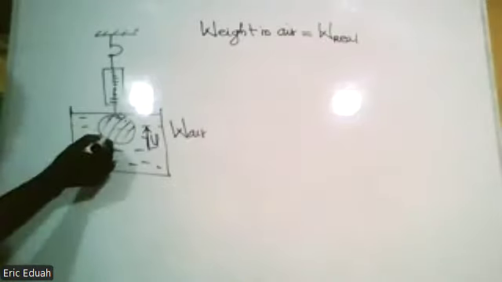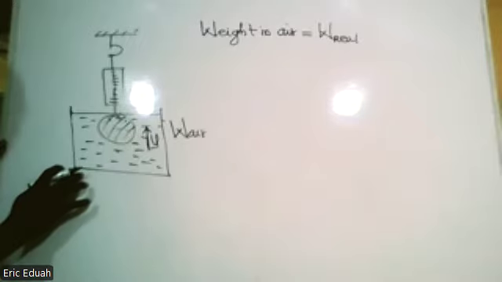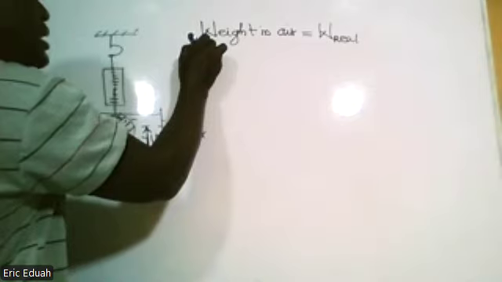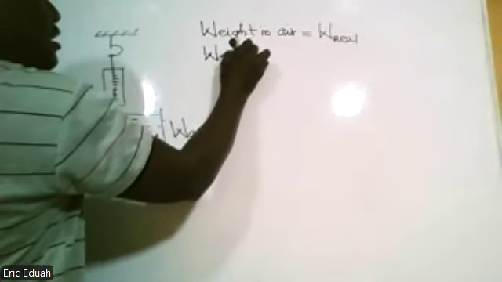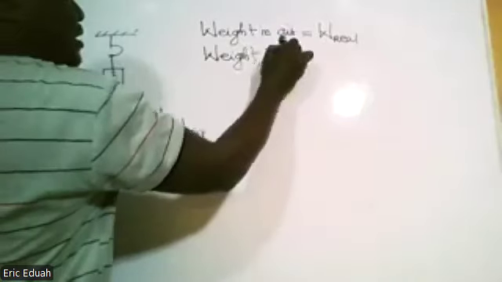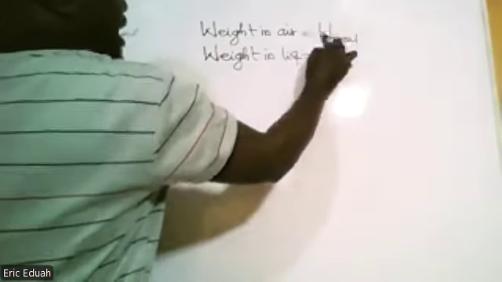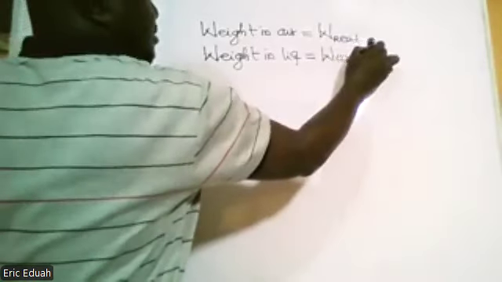When immersed in fluid, we have the object apparent weight in liquid. This is equal to W apparent, the apparent weight.